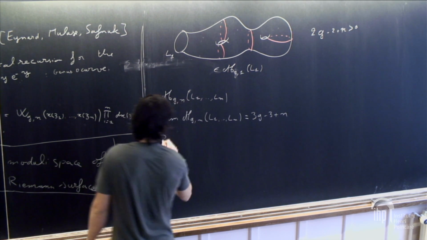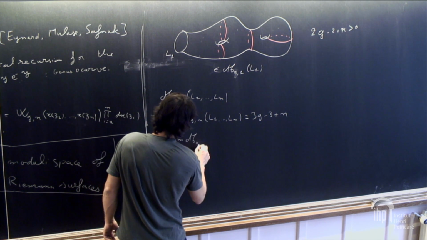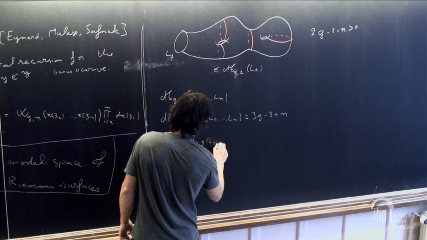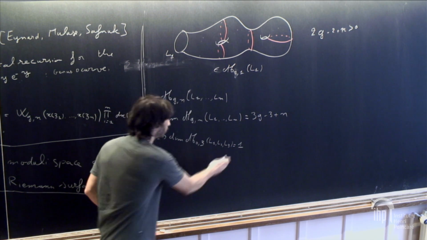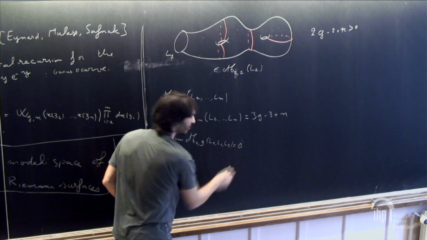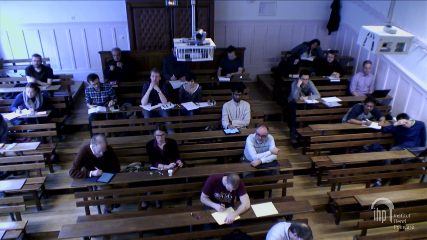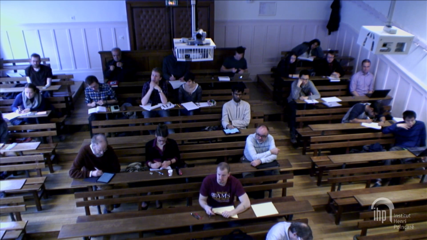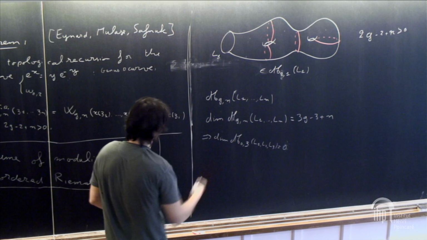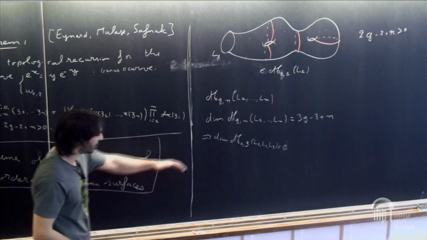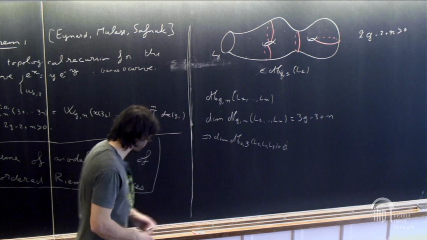So in particular, it implies that the dimension of M03 of L1, L2, L3 is equal to 0. So here you've got really an enumeration problem. And what we will do is normalize the volume of this space. I mean, this gives us that the volume of this space will be normalized to be equal to 1.